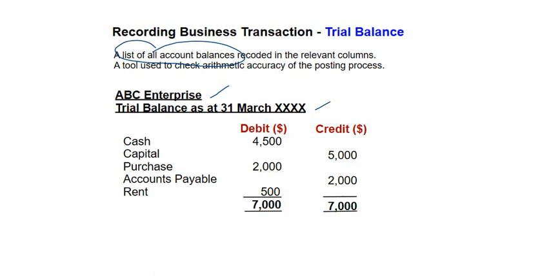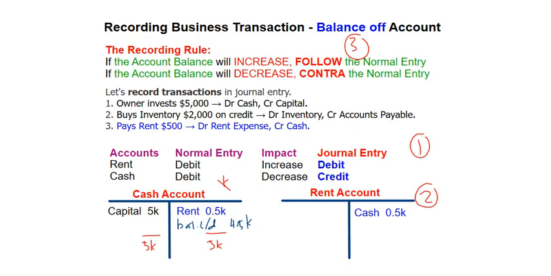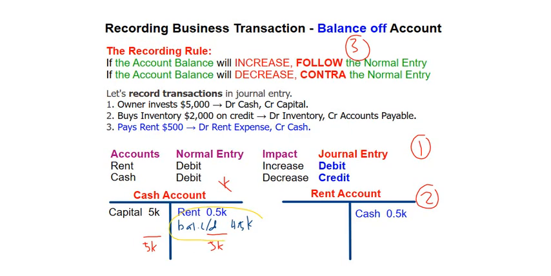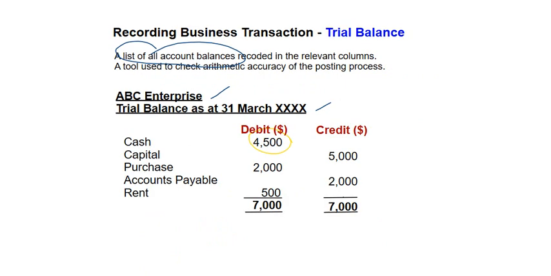According to what we have done just now, the balance for cash account is 4,500 and it's on the right side. But if you were to open it back, it will be on the debit side. This is what we call debit balance. So you will put this 4,500 debit balance in your trial balance accordingly. As for the rest, we just put accordingly the balance, and we just need to total up all the columns and make sure that both sides are equal.